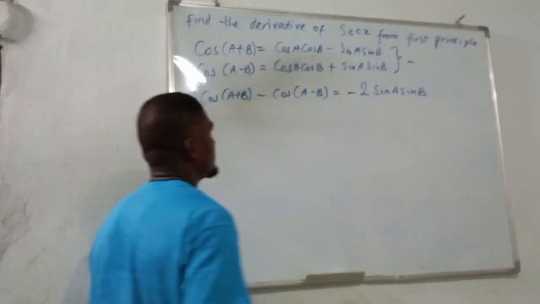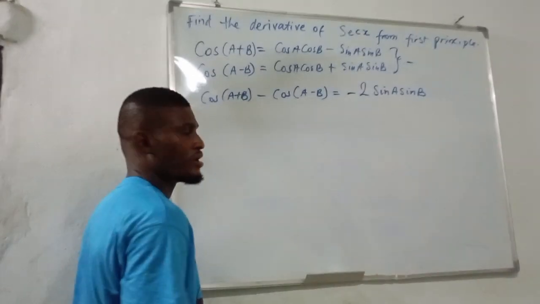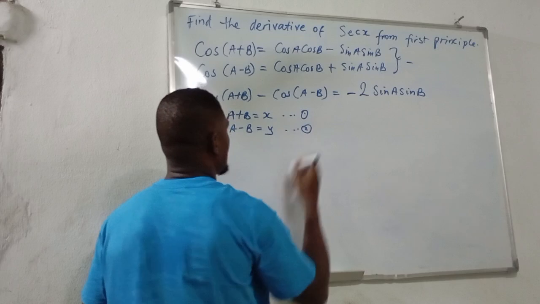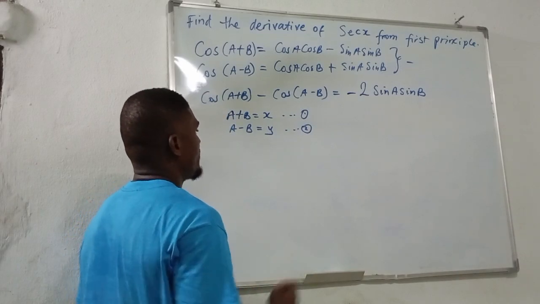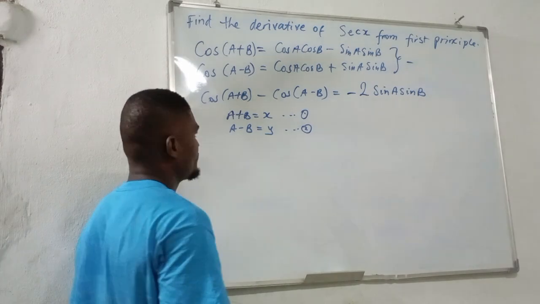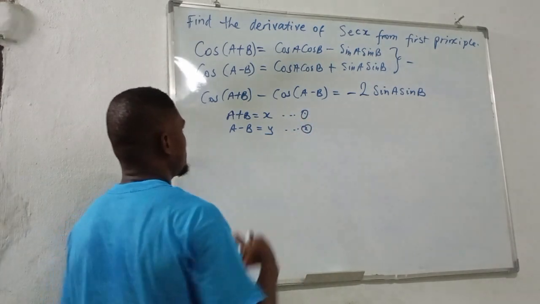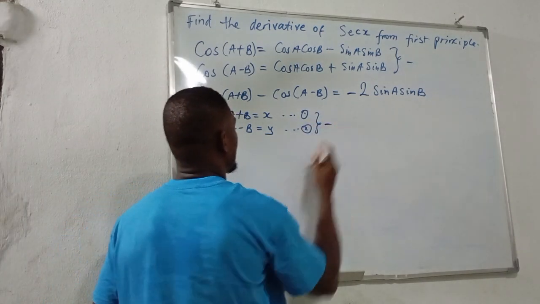Now that we have this, we are going to say let A plus B be equal to X, and A minus B be equal to Y. We call this equation 1 and this equation 2, and then subtract.